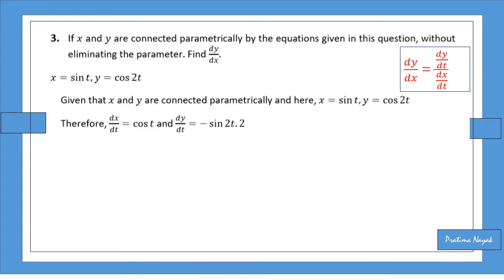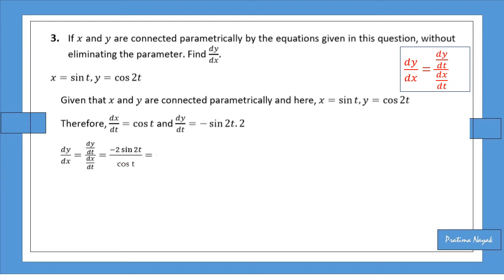So here x is equal to sin t, y is equal to cos 2t, then what is dx by dt? dx by dt will be cos t and dy by dt will be minus 2 sin 2t. So next is dy by dx. dy by dx will be dy by dt upon dx by dt.